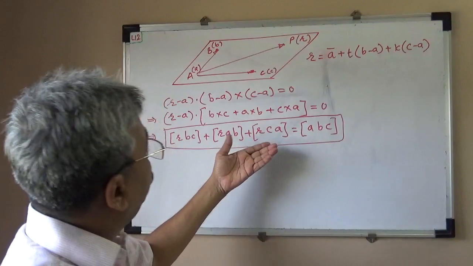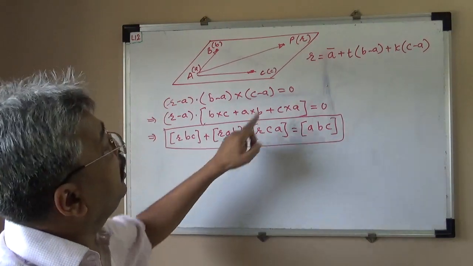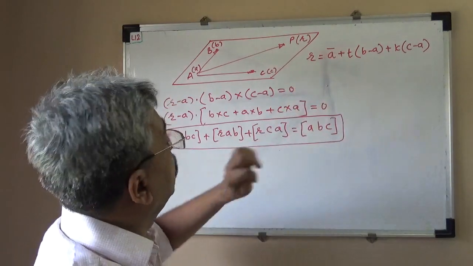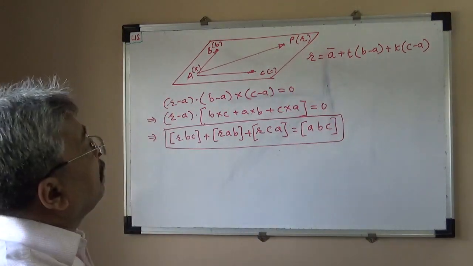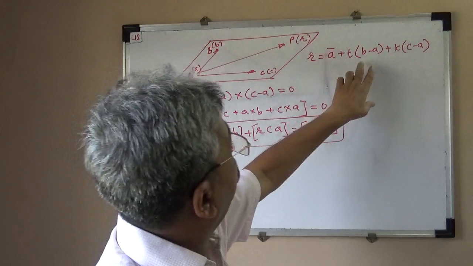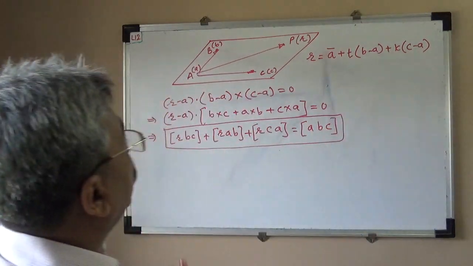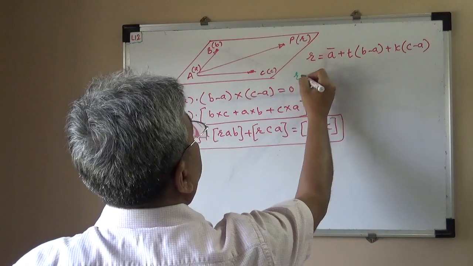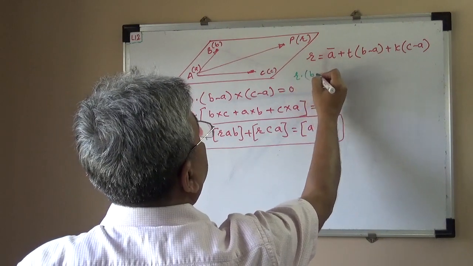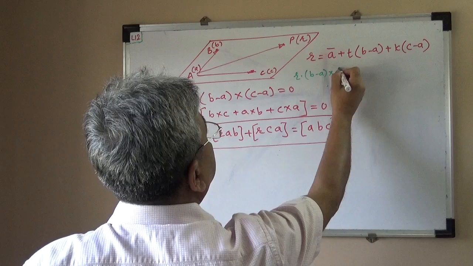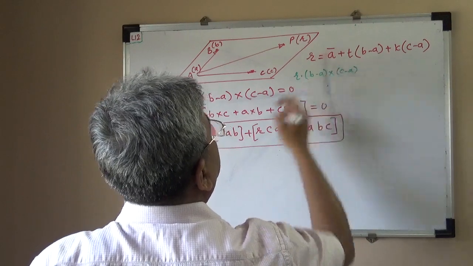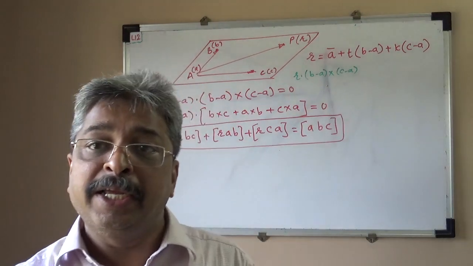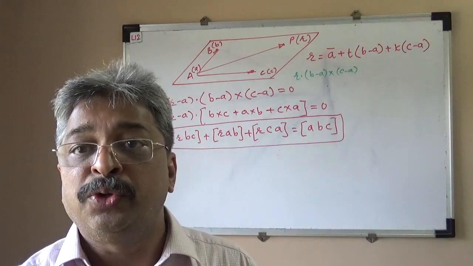Now before I explain the geometry of this, let me just check whether this and this are the same or not. Here we have these 2 vectors. Therefore, let us take R dot B minus A cross C minus A. Now this is yet another very important problem solving technique in vectors which you should know.